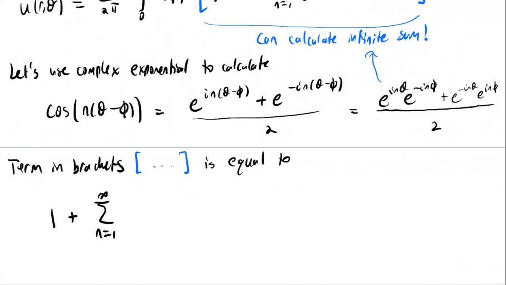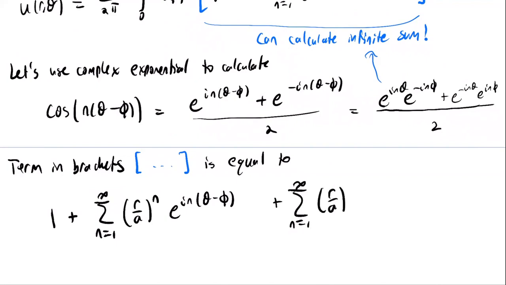Well, let's consider each of these terms separately corresponding to this exponential and this exponential. So I'm going to get 2 infinite sums. The first sum is the sum from n equals 1 to infinity of r over a to the n times e to the i n theta minus phi. And then the second term is the sum from n equals 1 to infinity of r over a to the n times e to the minus i n times theta minus phi.